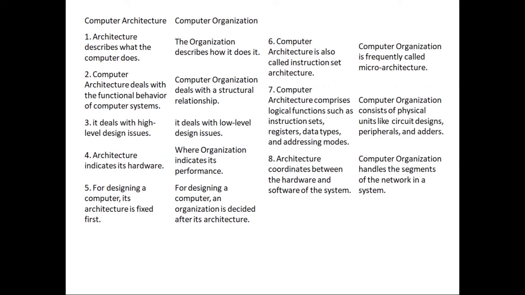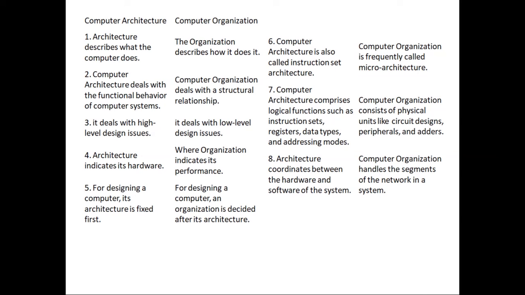Second, architecture deals with the functional behavior, whereas computer organization deals with the structural. Third, architecture deals with high level design issues and organization deals with low level design issues.